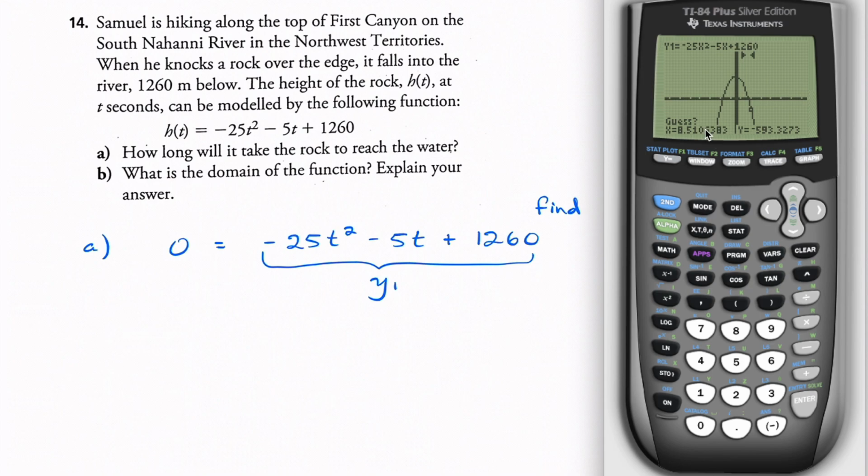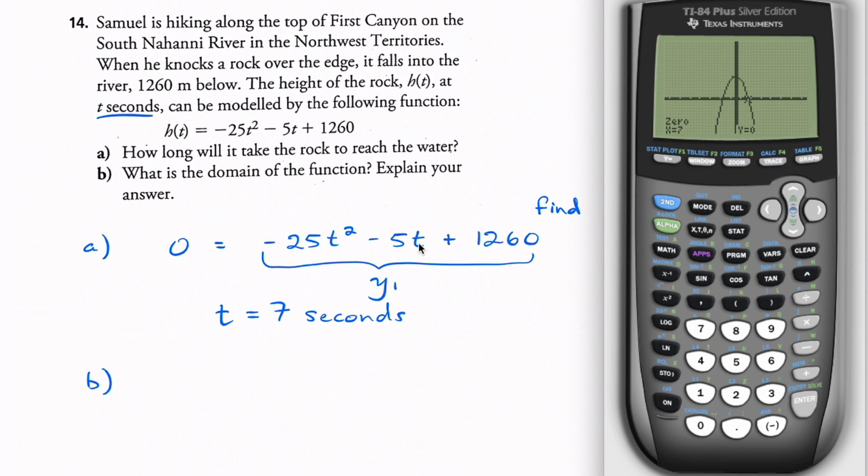Click enter, and then to guess, just click enter one more time. And we got x is equal to 7, or in our case, we use the variable t, so t is equal to 7. And our time was measured in seconds, so this is 7 seconds.